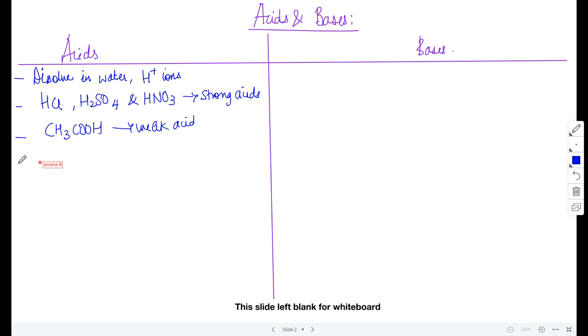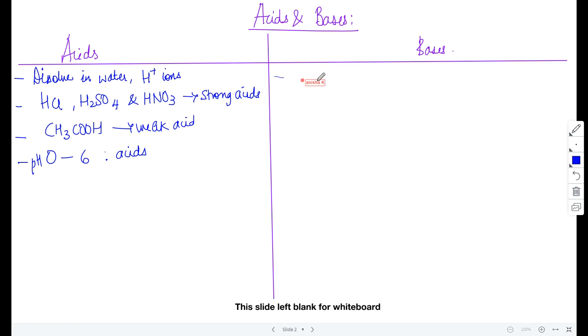The pH scale gives a numeric value from 0 to less than 7, so a pH ranging from 0 to 6 gives acids. These are the general basic things about acids.